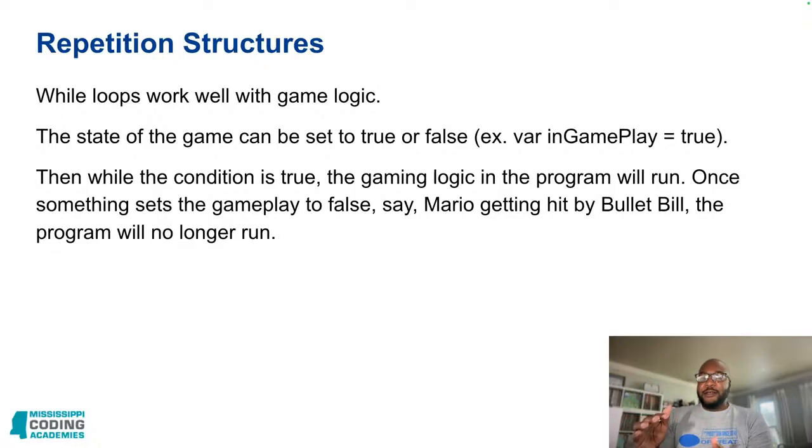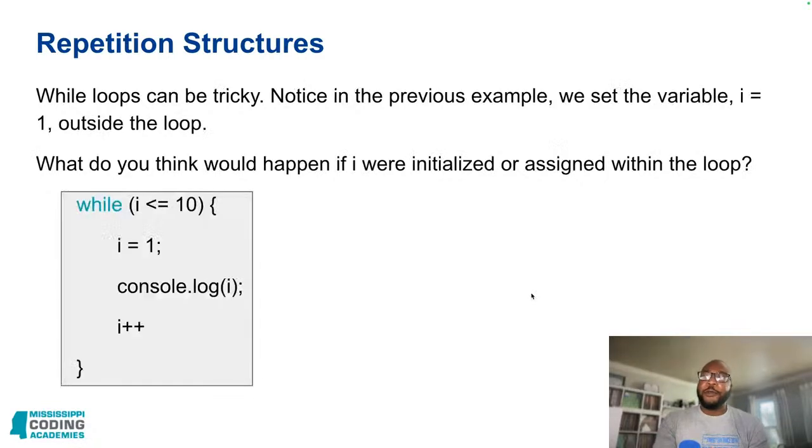No, he's not. But once he is, then that sets that condition to true. Is Mario next to Bullet Bill? Yes, that's true. If that's true, then what? Then we set the gameplay to false. And so then that will disable the game and Mario dies. So that's where while loops are very useful when it comes to gameplay.